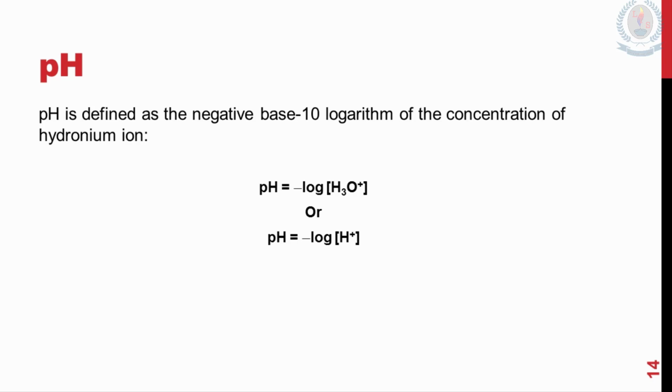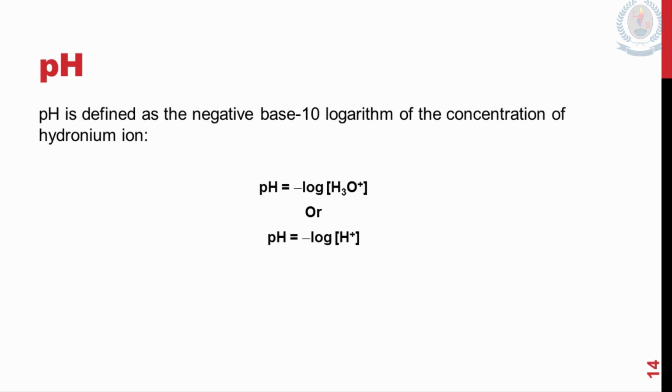First let's see what pH is. pH is defined as the negative base 10 logarithm of the concentration of hydronium ion. In this slide you can see the equation.